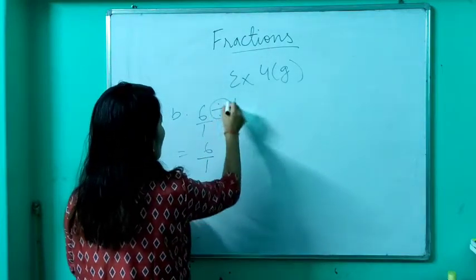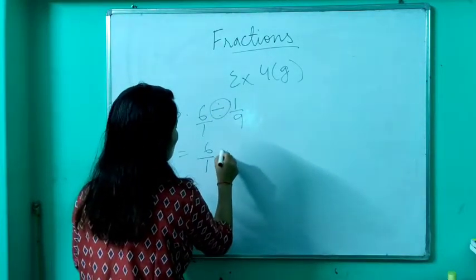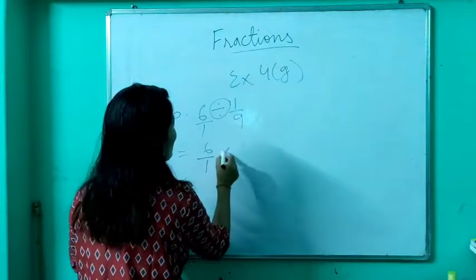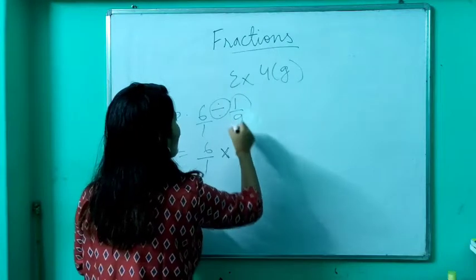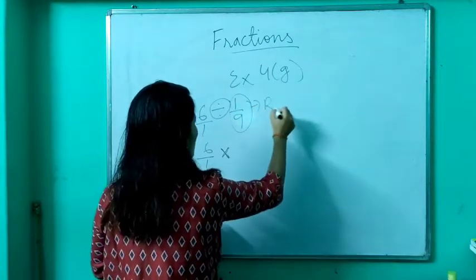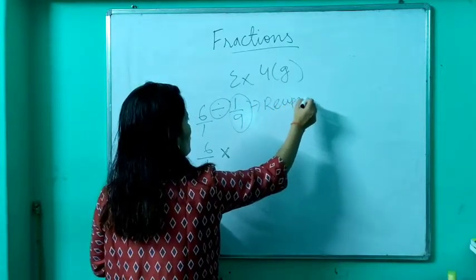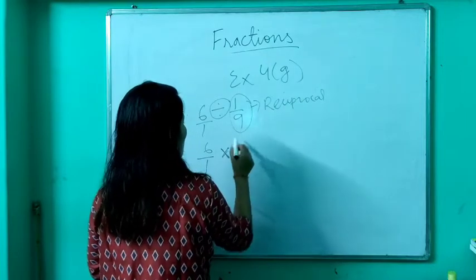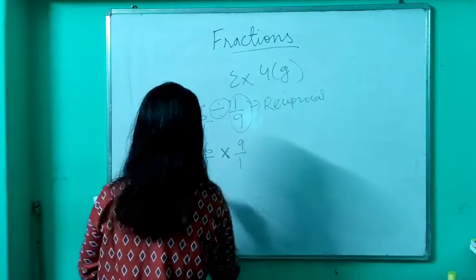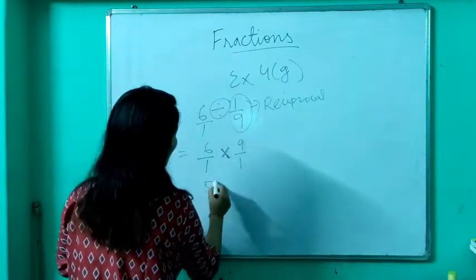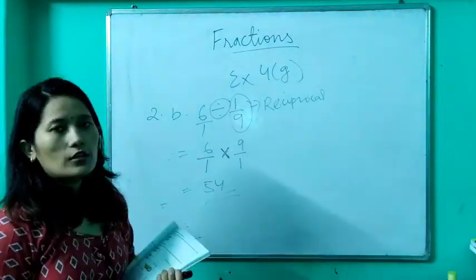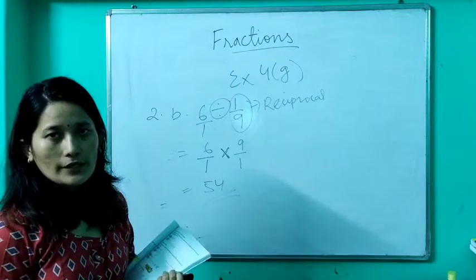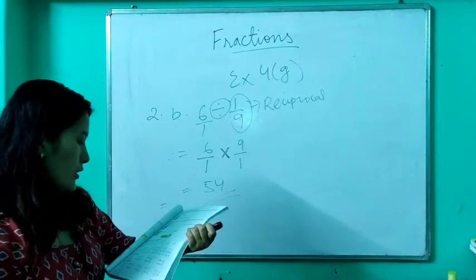Now this divide sign has to be converted into multiplication sign, and when you convert into a multiplication sign, you have to write the reciprocal of this. So reciprocal would be 9 by 1. So 6 9s are 54 would be your answer. That's why I told you understanding what reciprocal means is very important.